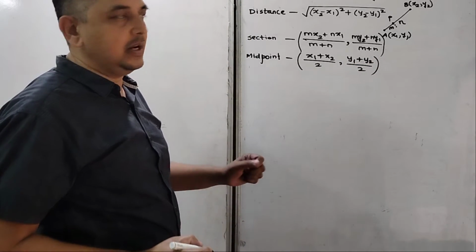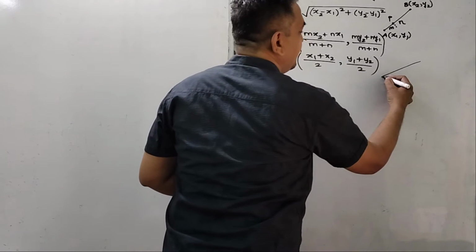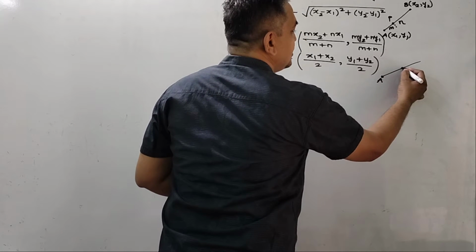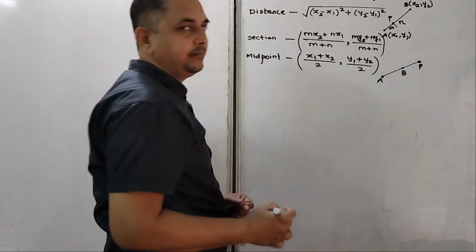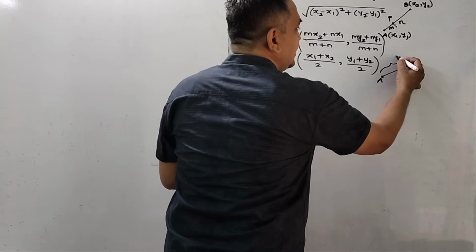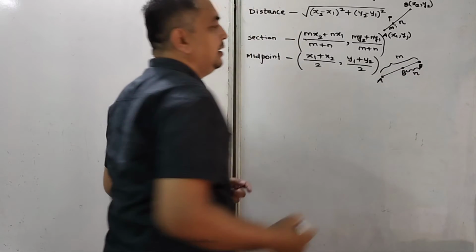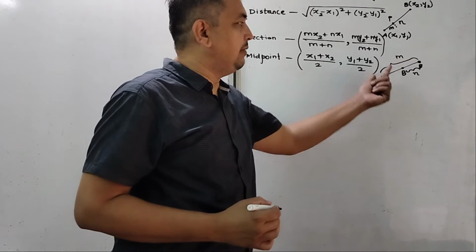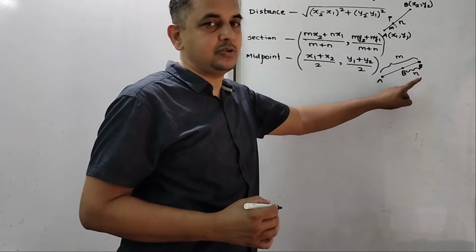Now there is another formula which we call as external division. If this is point A, this is point B, and point P is outside AB, such that this length AP is m, and this length is n, then we say P divides AB externally in the ratio m is to n.